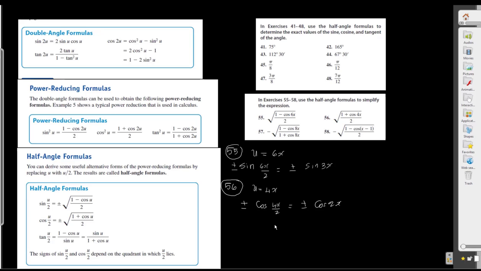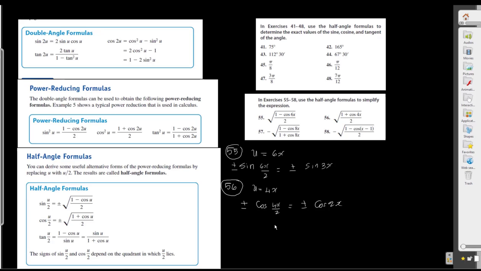So the formula is going to be the second one, cosine u over 2 equals plus minus the square root of 1 plus cosine u over 2. So you plug in u equal 4x, you get plus minus cosine 2x. That's the answer for number 56.